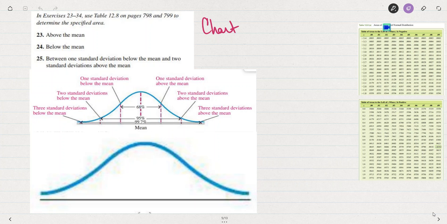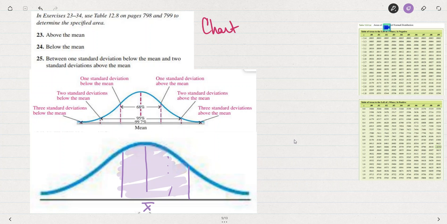If we're going for 1 standard deviation below, I'm going to start by sketching this. So I always start with my mean. 1 standard deviation below up to 2 standard deviations above. So one more time, I'll shade in that this is what we're looking for.